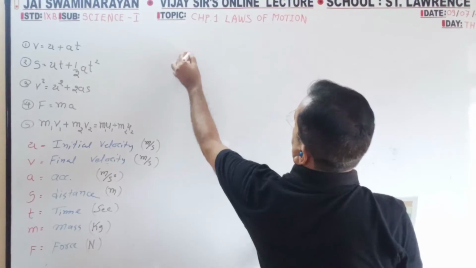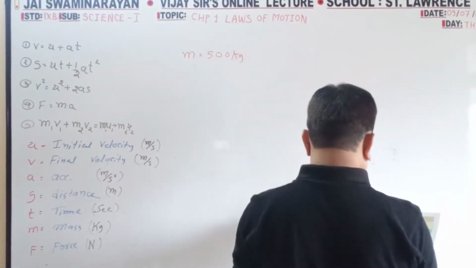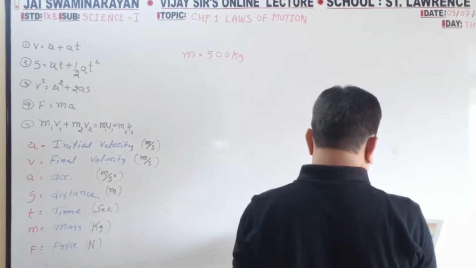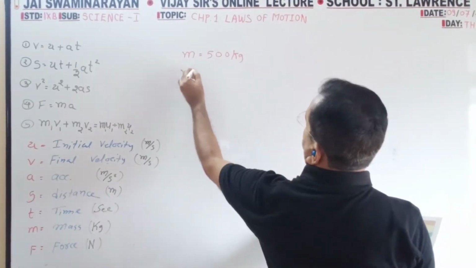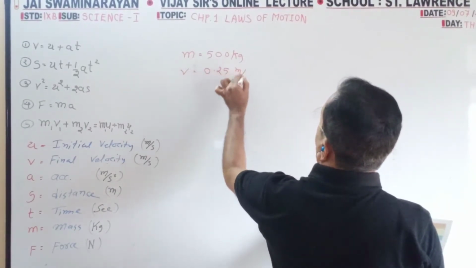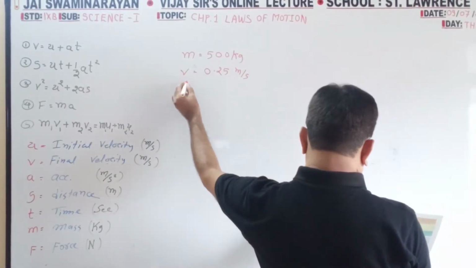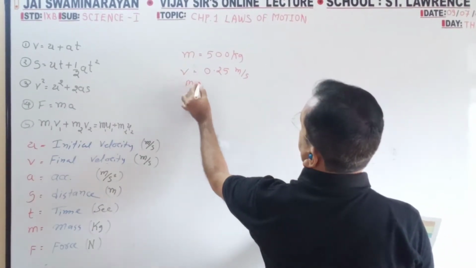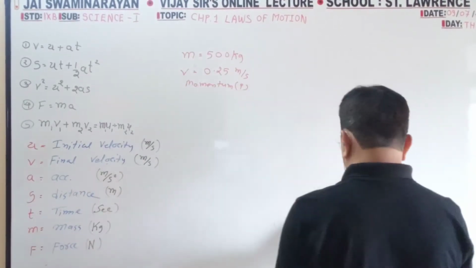Mass is given 500 kg. Velocity is given 0.25 meter per second. What is momentum?